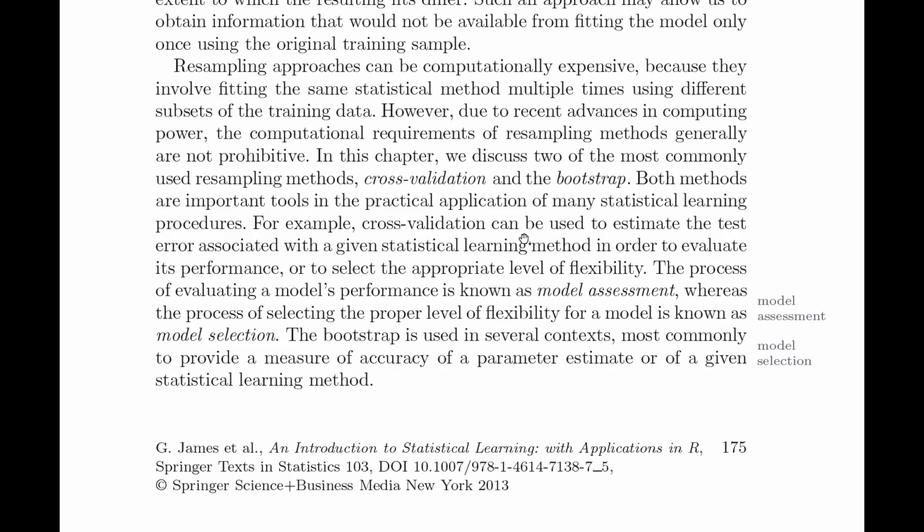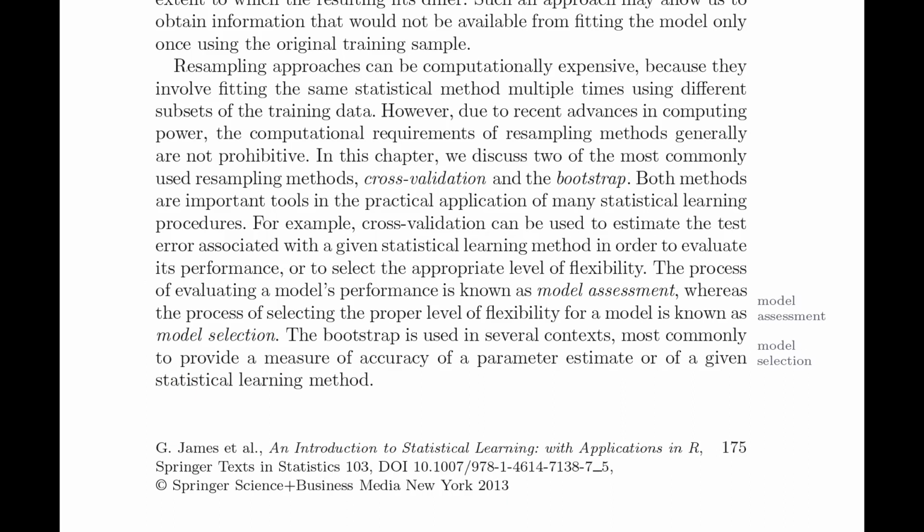For example, cross-validation can be used to estimate the test error associated with a given statistical learning method in order to evaluate its performance or to select the appropriate level of flexibility. This process of evaluating a model's performance is known as model assessment, whereas the process of selecting the proper level of flexibility for a model is known as model selection. And what is flexibility?